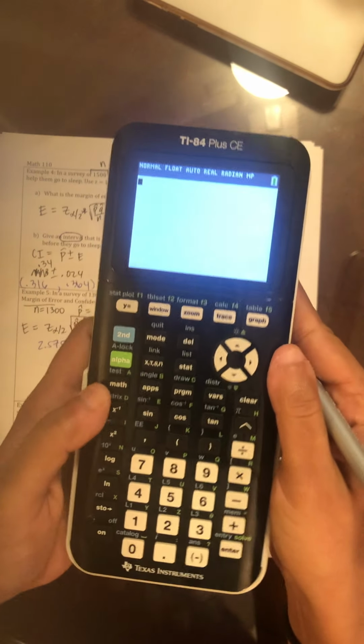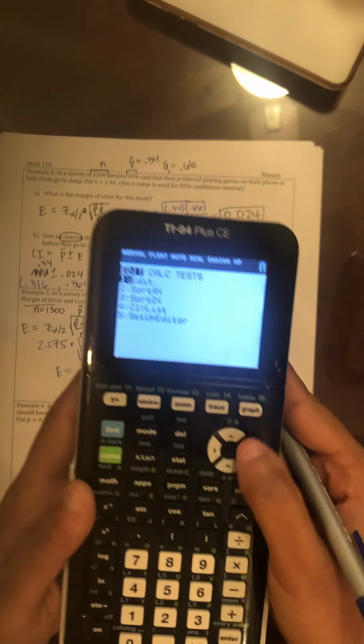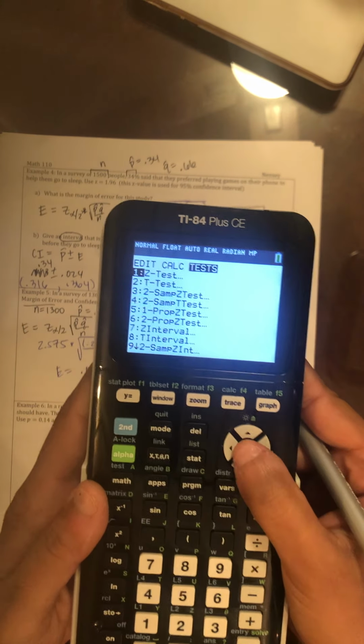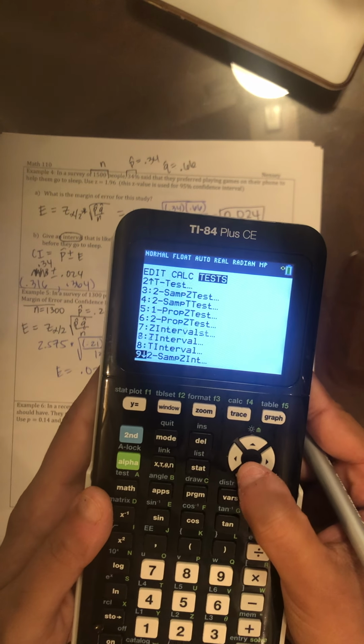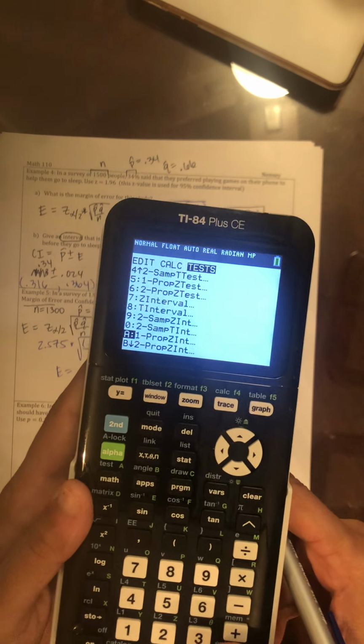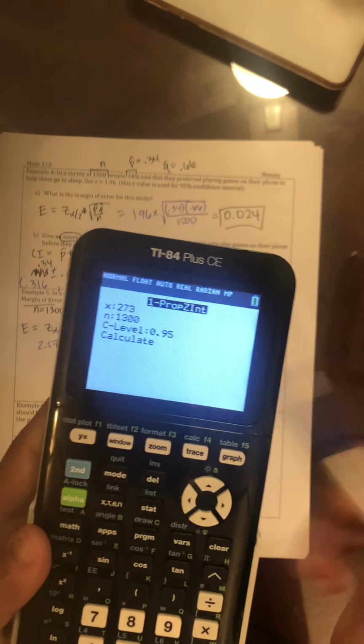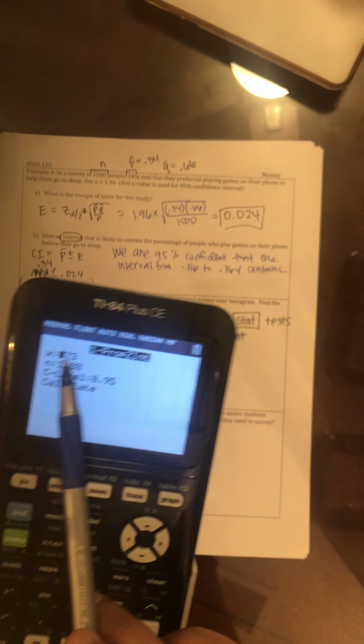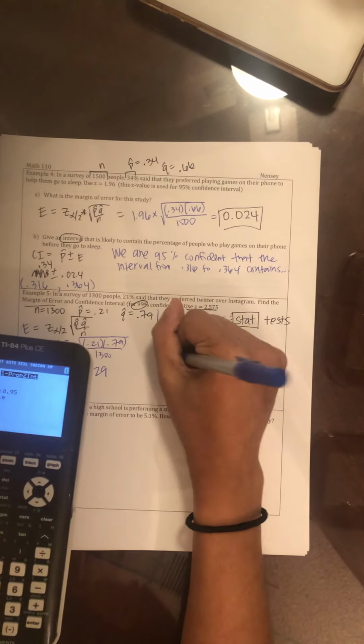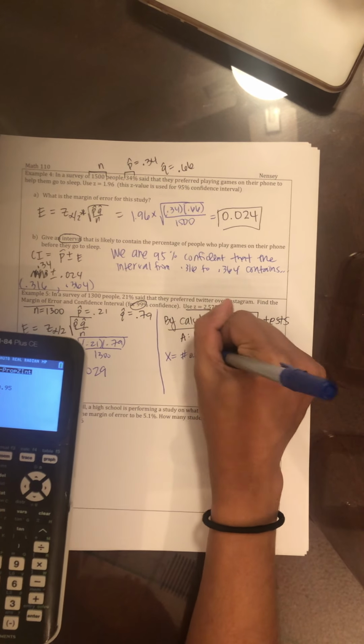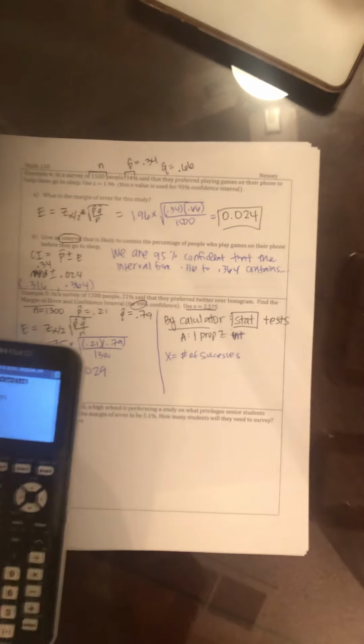So we're going to go to stat, scroll down to tests, and then scroll all the way down to 1-PropZInt. Then it's going to ask you for some information. Your X value is the number of successes, if you remember back to the last chapter. So how do you find the number of successes?